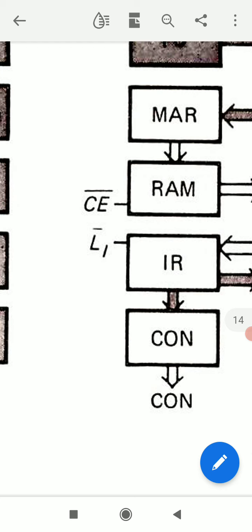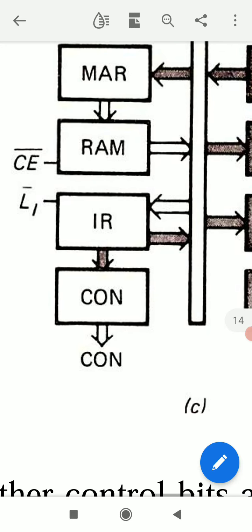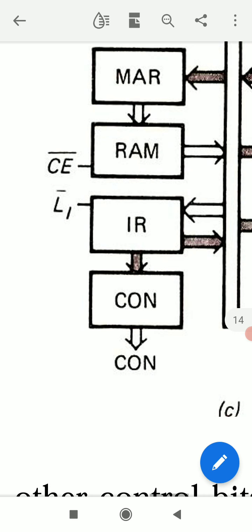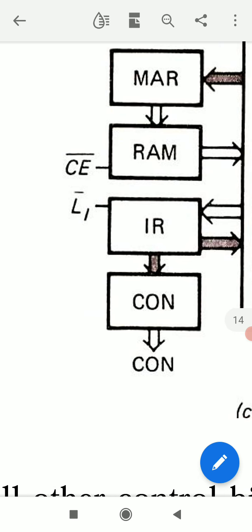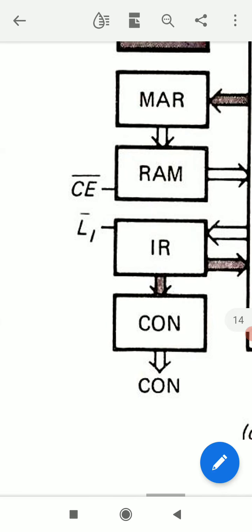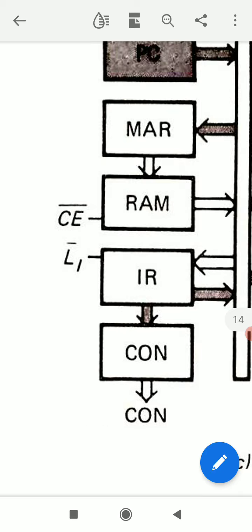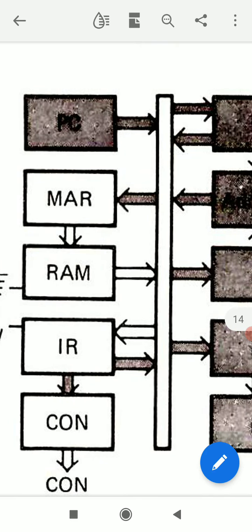So when LI bar is active, it loads the instruction register with that word which is on the W bus, which comes from the memory. So this is the third state, T3 state, that is memory state, and these are active parts of SAP1 during these states.